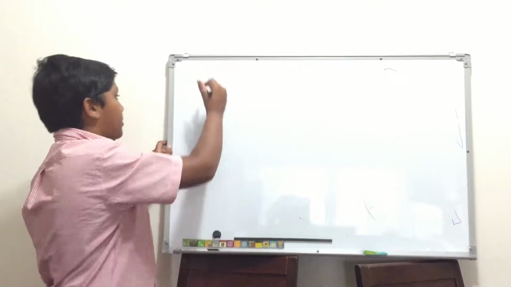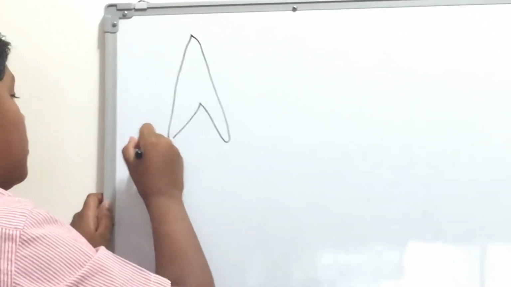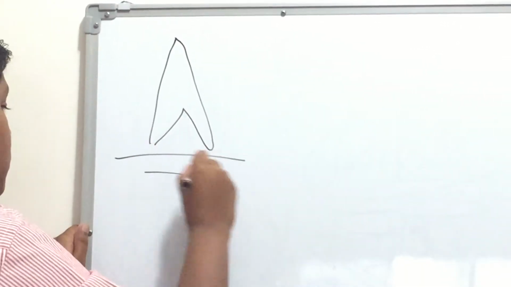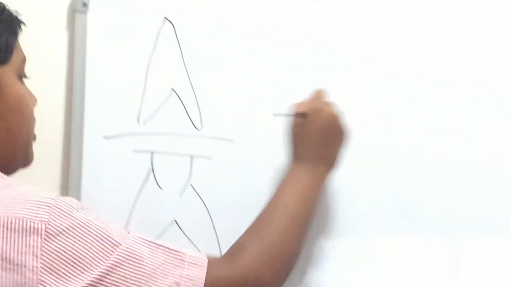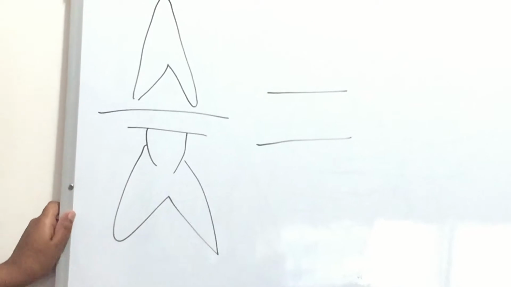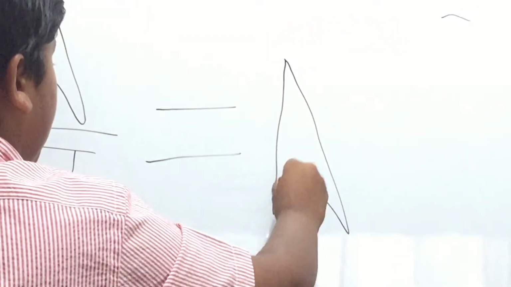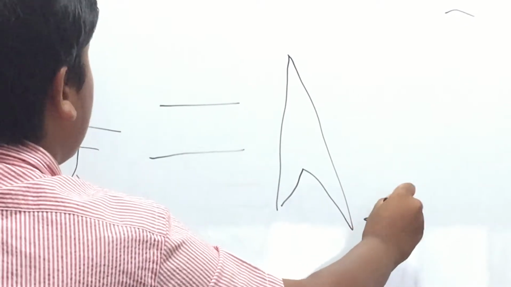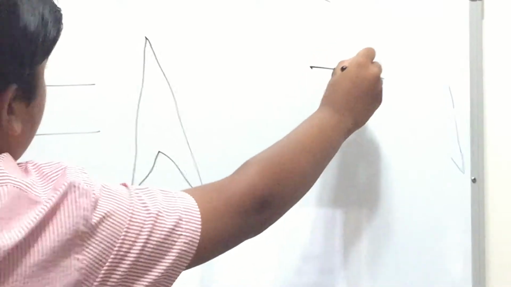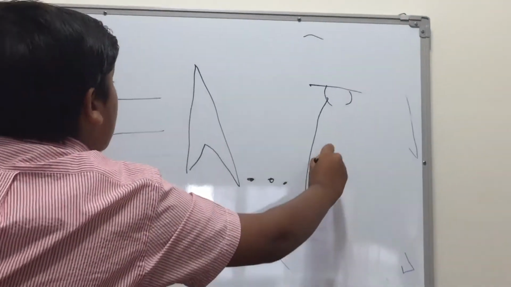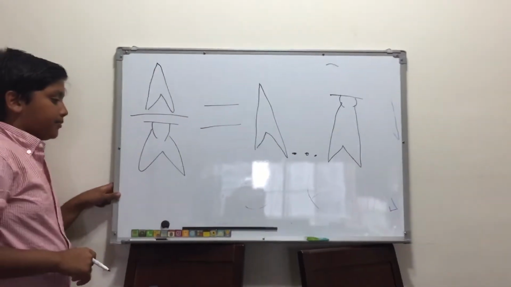Let me write it bigger. 1 over 2 would, in my language, become the numerator here, and then 3 dots, and then the denominator. So it will become like that.